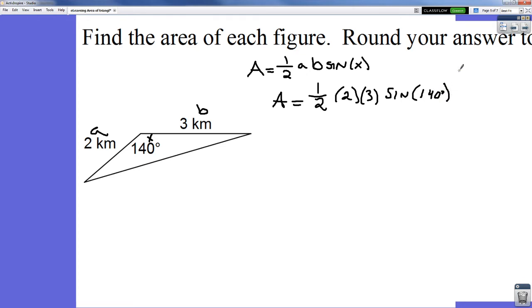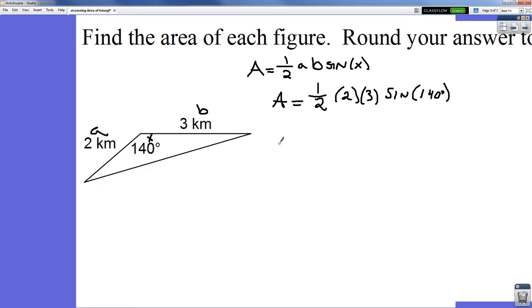And I'm going to tell you, do not try and crunch this out. Just throw it into your calculator. That's what calculators are for. That's why we invented them. Use it. 0.5 times 2 times 3 times the sine of 140 degrees, close parentheses, and you're going to end up with your area.